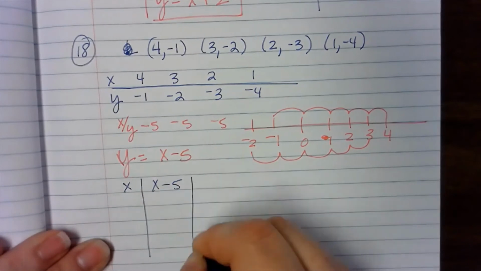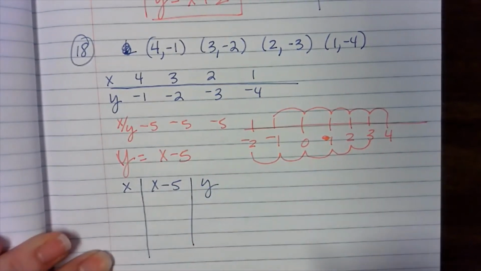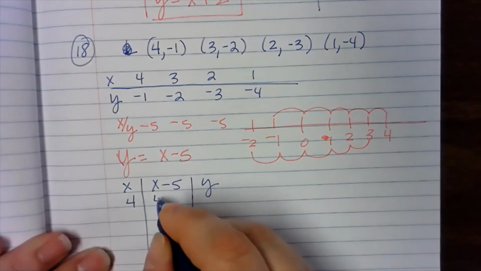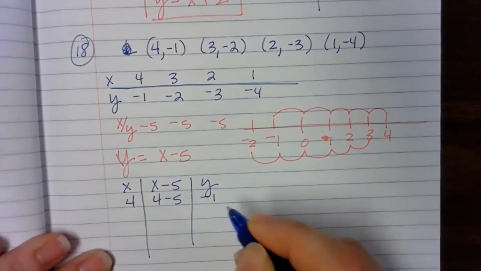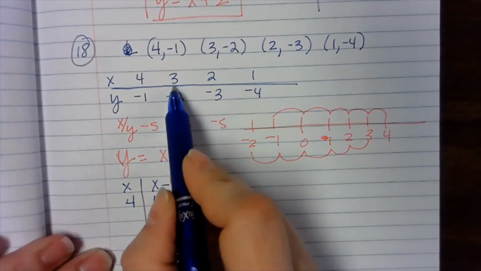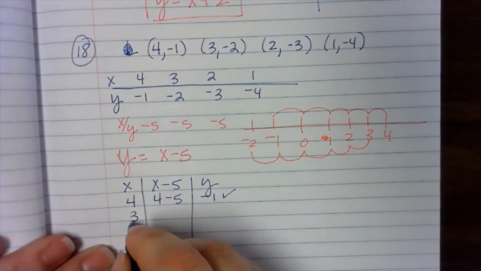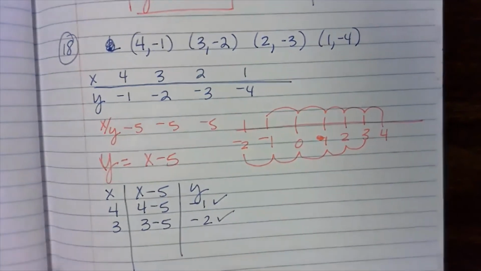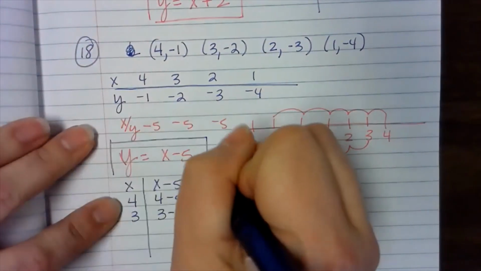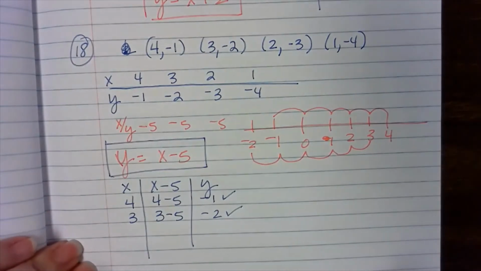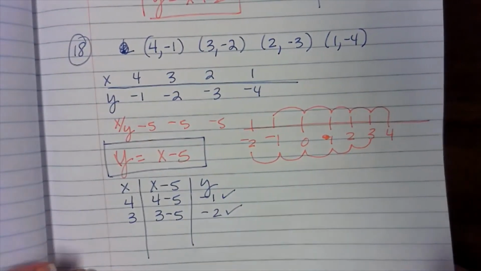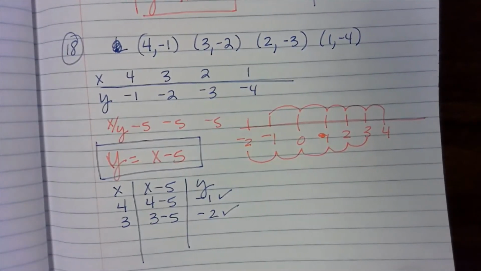I had 4 and negative 1, so positive 4 minus 5 leaves me with a negative 1, so correct. Next, I had 3, and 3 minus 5 does leave me with a negative 2. So this is correct, and your answer is the function y is equal to x minus 5. Okay, multiples of 3 means I'm bouncing over to problem 21.